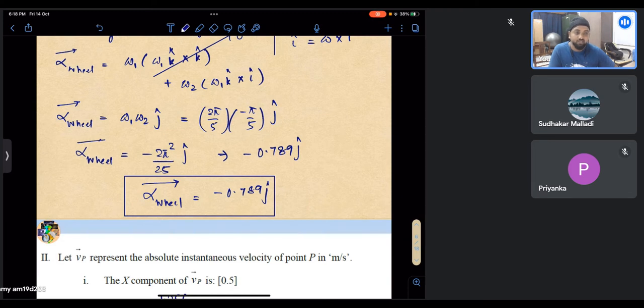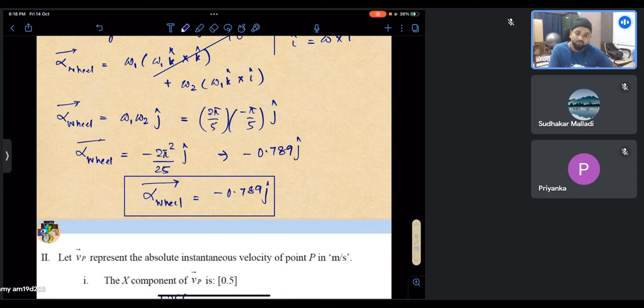Because of that, there will be magnitudinal change as well as directional change. It is quite possible that magnitudinal change might not exist, but still we need to account for the directional change. That is the only part that comes in as an addition, because if we have a rotation about one axis, that axis itself can have another rotation. So that is what we need to account for. That is the only additional part here.